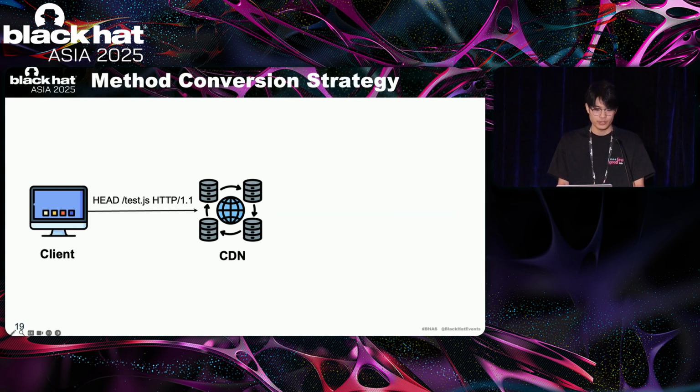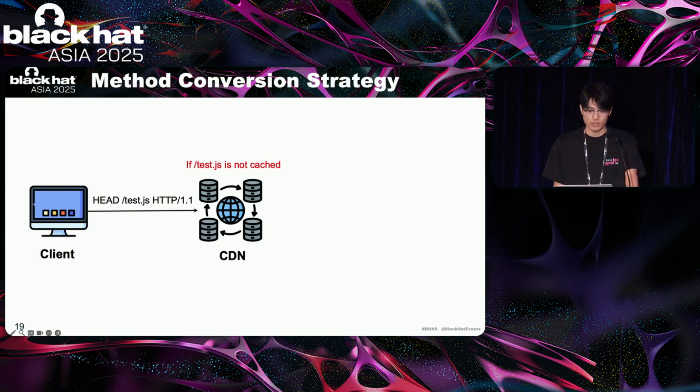But here is the twist. If the resource is not cached, the CDN will apply what we call the method conversion strategy. This mechanism was originally designed to improve the user experience and caching efficiency. The idea is that when the user sends a HEAD request, there is a high chance that they'll soon request the full content.